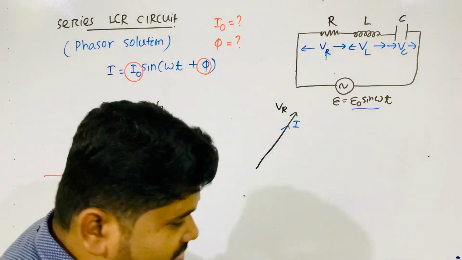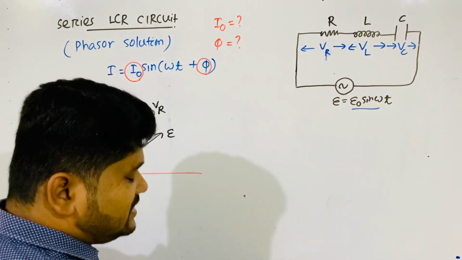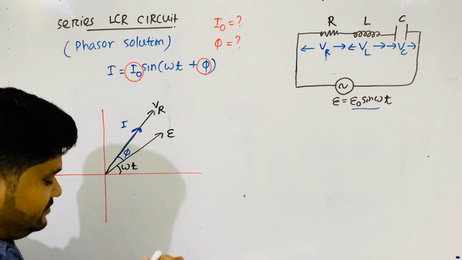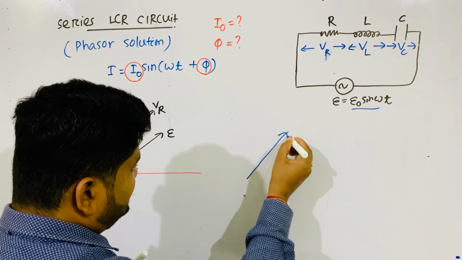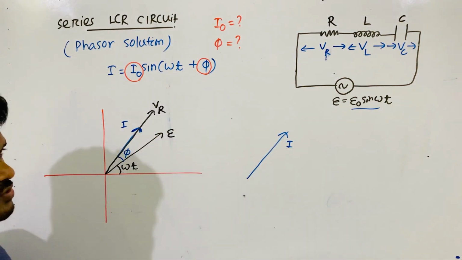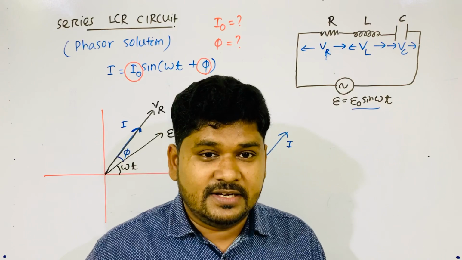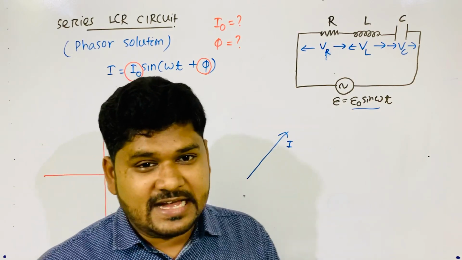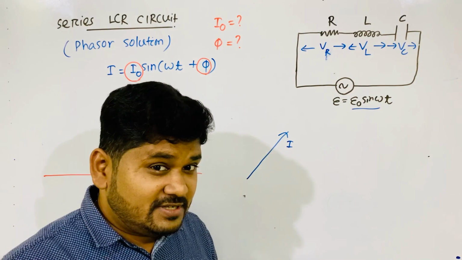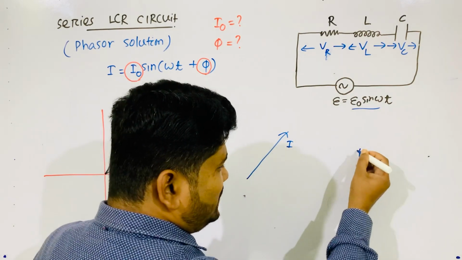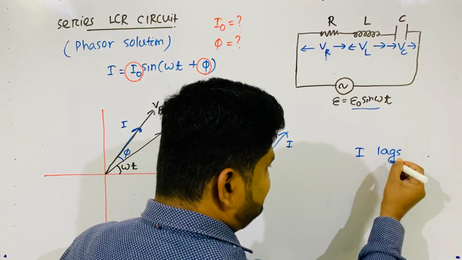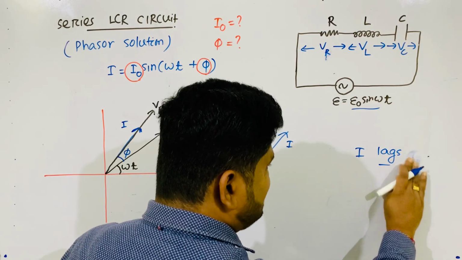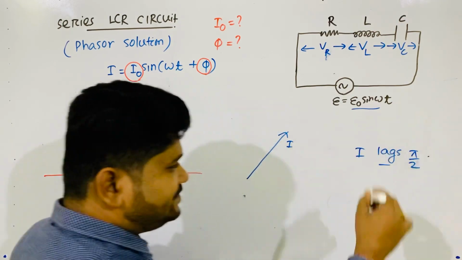But now come to the inductor. So this is the current line. From here I draw the current to show where the voltage is. In an inductor, does current lead or lag? I have told you to remember this, and this knowledge is required here. Current lags by pi by 2.